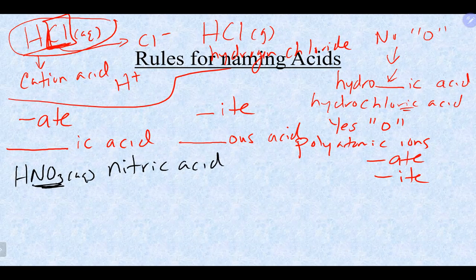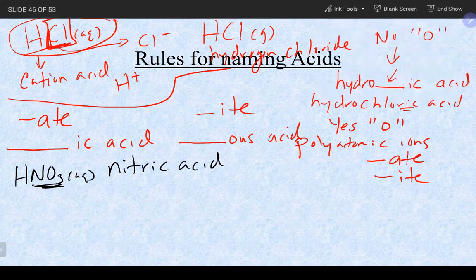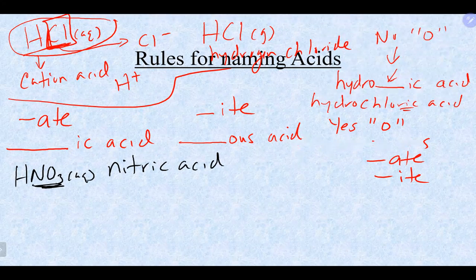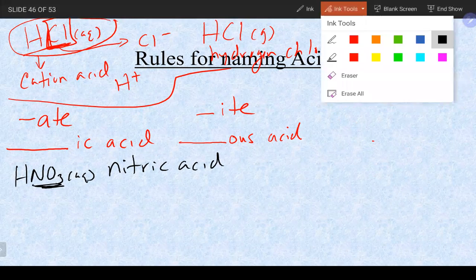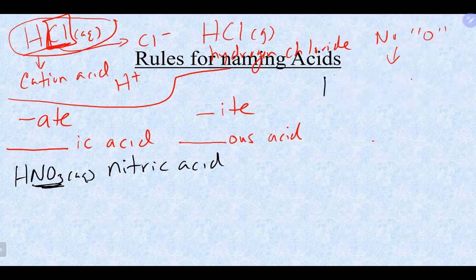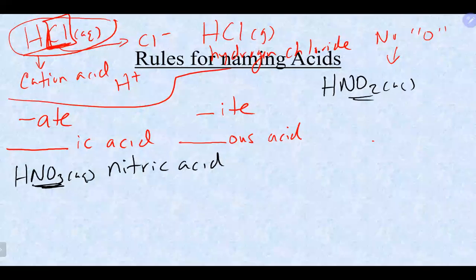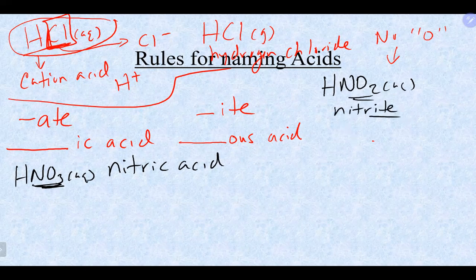If we have something like HNO2, NO2 is nitrite, ITE, this would become nitrous acid, OUS.